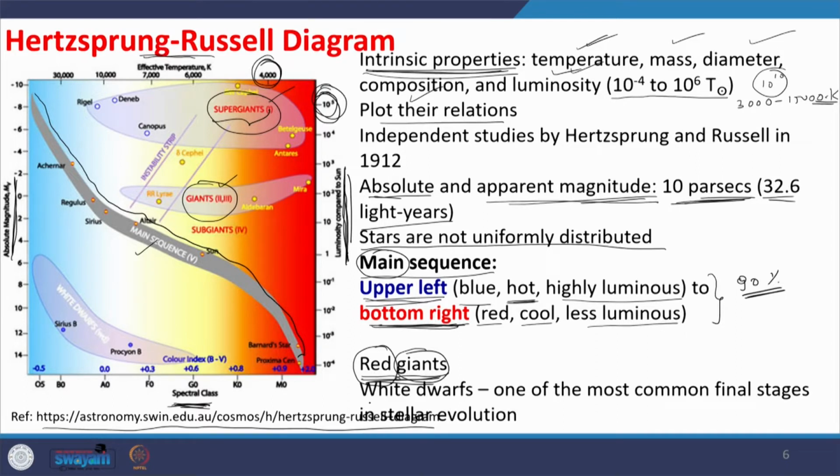And then we have white dwarfs. White dwarfs are hot, with very high temperature, but low luminosity.